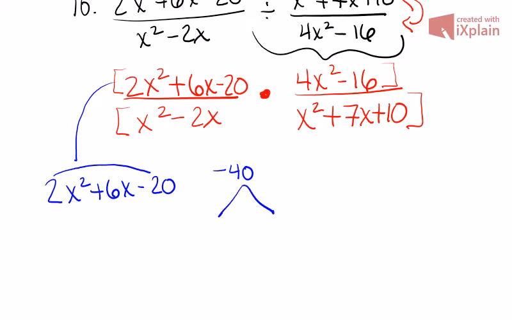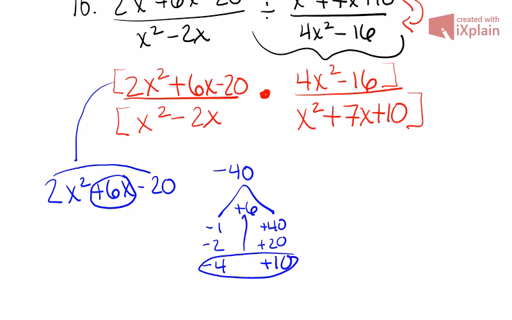I need to find what multiplies to negative 40 and adds to 6. So if I start thinking negative 1, 40, that's clearly not going to work. Negative 2, 20, again, not going to work. Negative 4, positive 10. That will add to 6, so we're good.